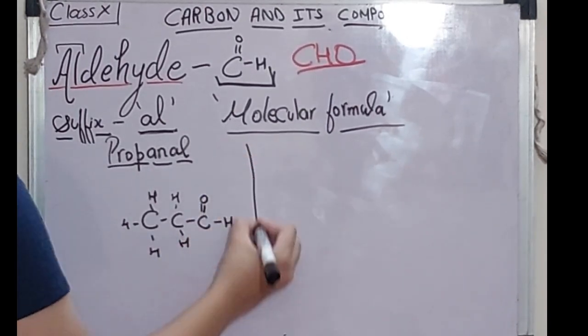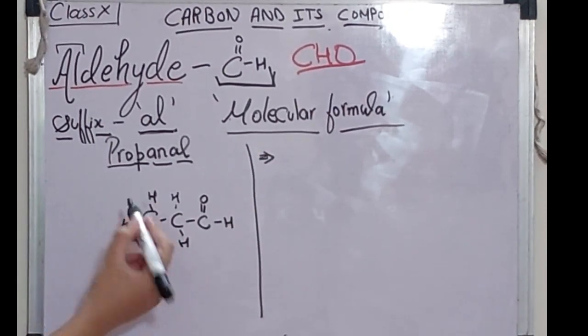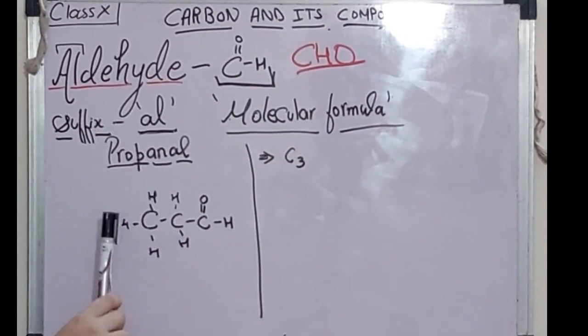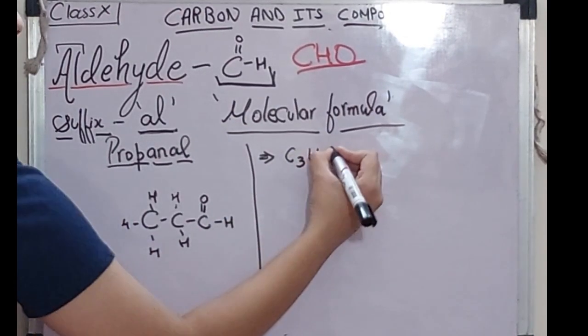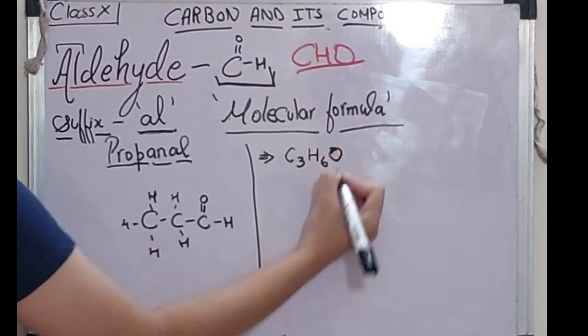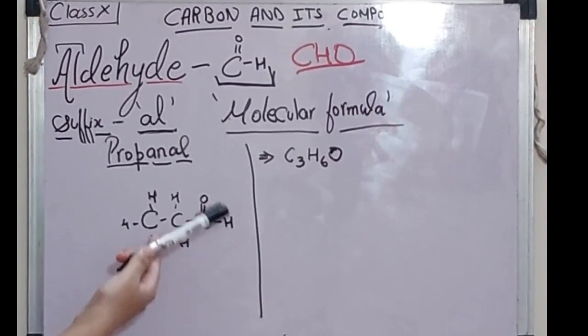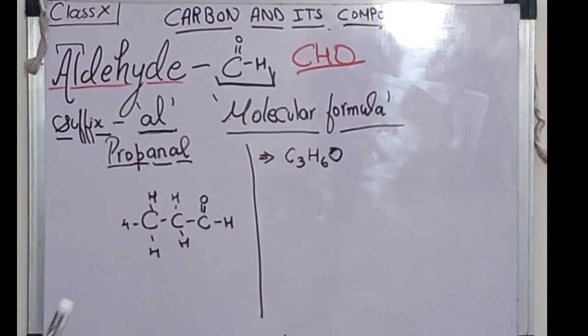Now there are multiple ways to do it. Either first count the number of carbon, 1 2 3, C3, then hydrogen 1 2 3 4 5 6, H6, O. Or count one by one: first count all the carbons and write them, then count the hydrogen and write it down, and then count the remaining oxygen and write it. This is the easiest way.